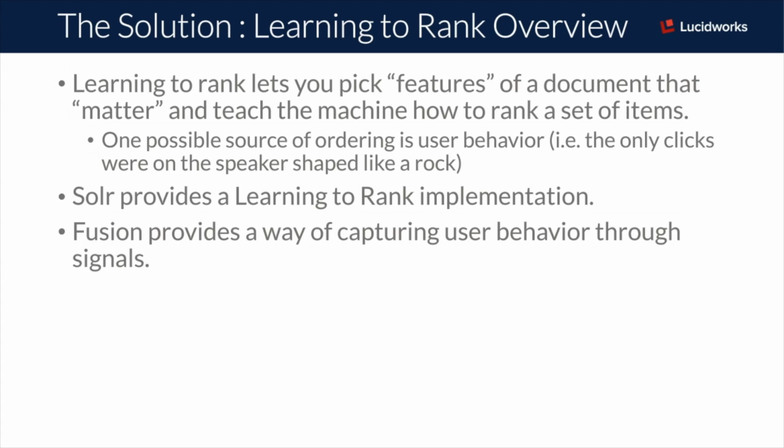We also need a source of ground truth or order. One source of this is user behavior. Luckily, Solr provides some nice basic building blocks for implementing learning to rank. And meanwhile, Fusion provides a way of capturing user behavior as well as pipelines for applying these techniques.